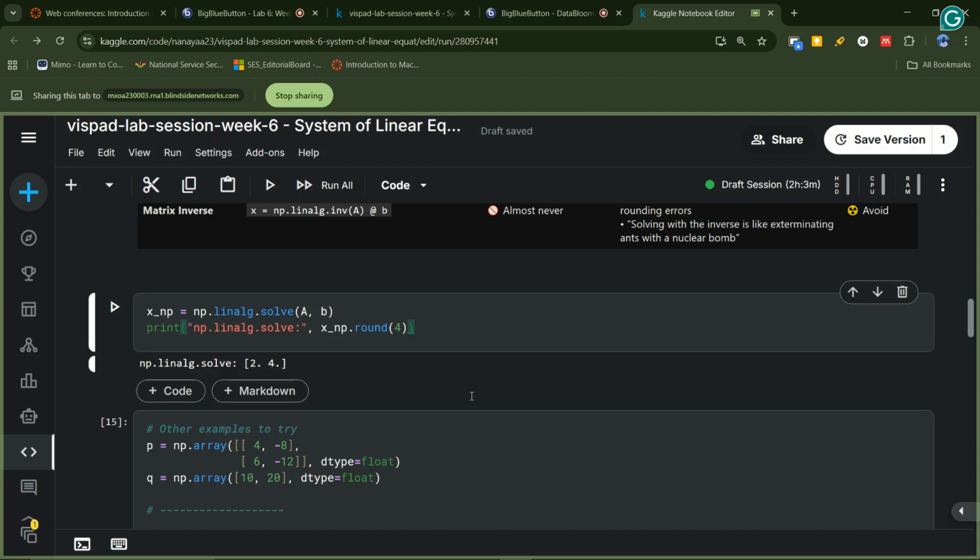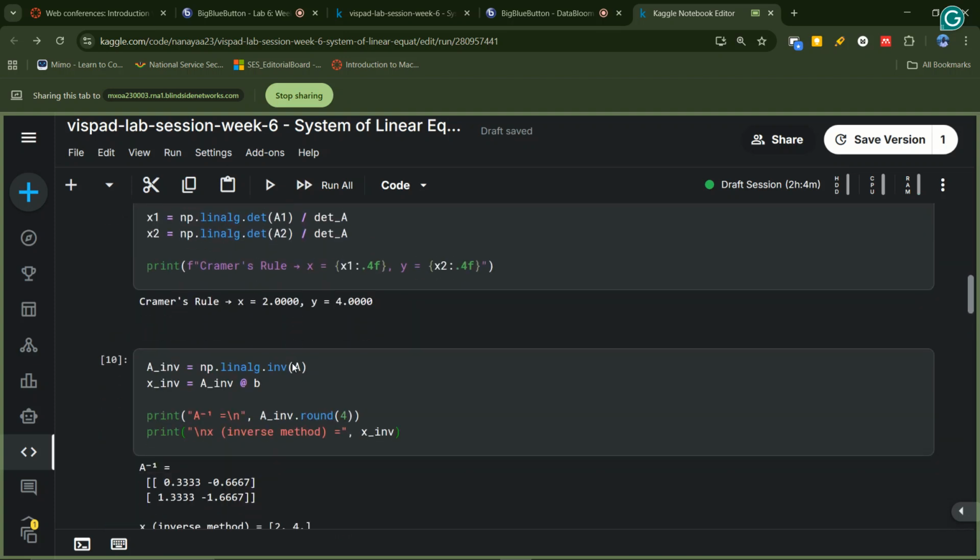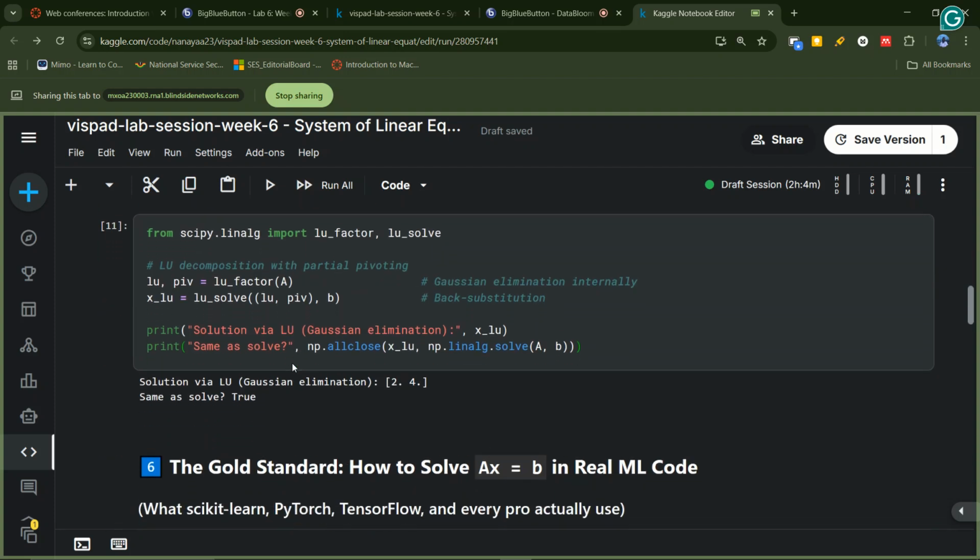So as usual, this solves the system AX equal to B. Easy, good to go, right? np.linalg.solve, and then it gives you your unknown to be 2, 4. You remember you've solved for the unknowns with several other methods.